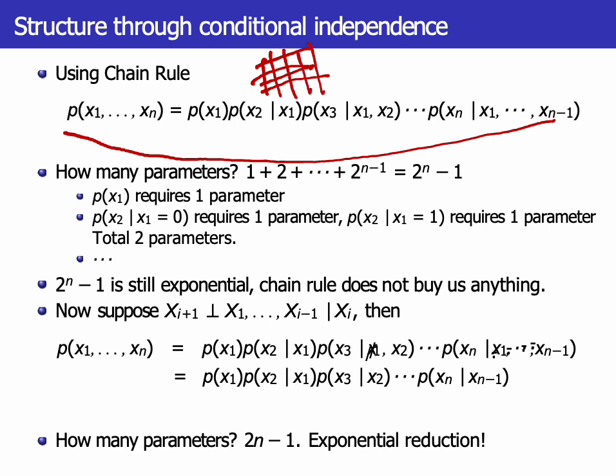The chain rule gives you this multiplication over all pixels. For this, the number of parameters you need is 1 plus 2 plus 2^2 and so on up to 2^(n-1), so you get 2^n minus 1 parameters to represent this chain rule.